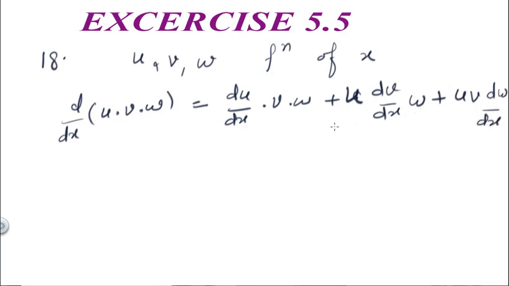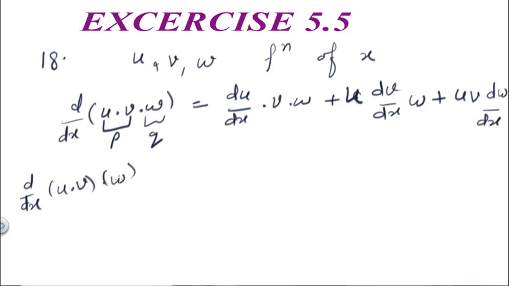This is very easy to prove, as you can consider u into v as function p and this as q. So when we have two functions in product, we can use the product rule. Very easy, just see, you will write d by dx of u dot v dot w.